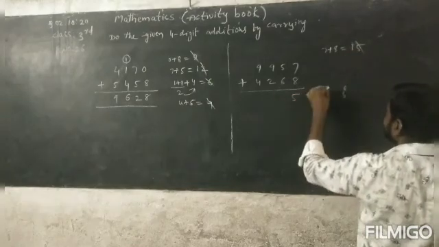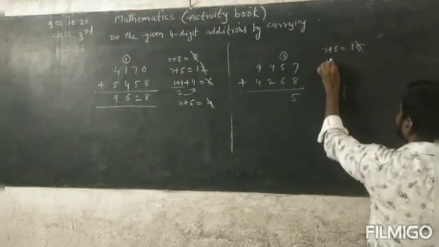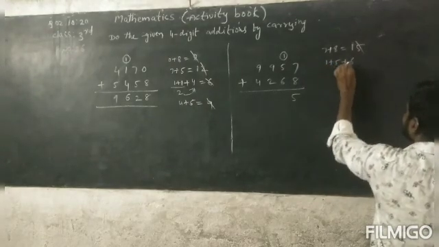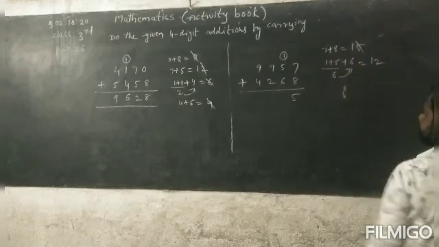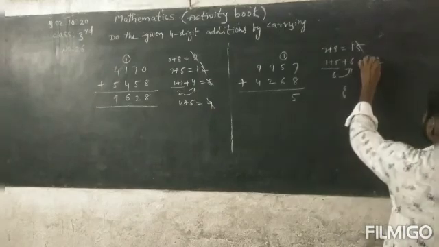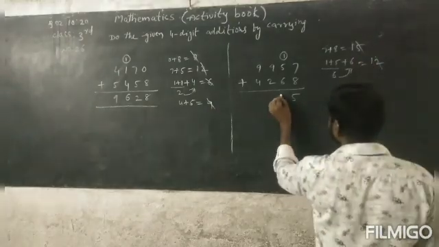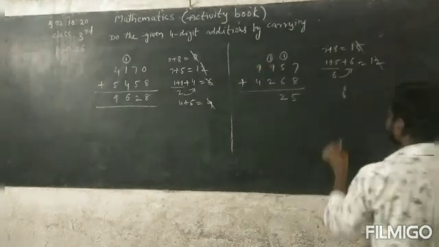So 5 is taken and written under the ones place, and 1 is carried to the tens place. Next, we add 1 plus 5 plus 6. 1 plus 5 is 6, 6 plus 6 is 12. So 2 is taken and written under the tens column, and 1 is carried to the hundreds place.